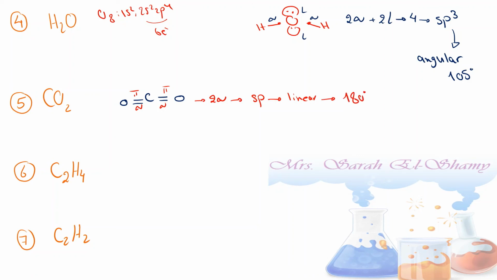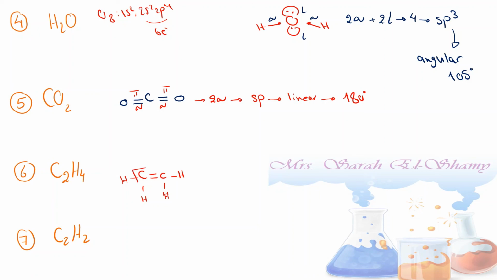Okay, the next example, C2H4. The C is the central, like that. H, and H. Here we have how many carbon atoms? We have 2 carbon atoms. You can't know the type of hybridization from all these carbon atoms. You just need to choose 1 carbon atom.